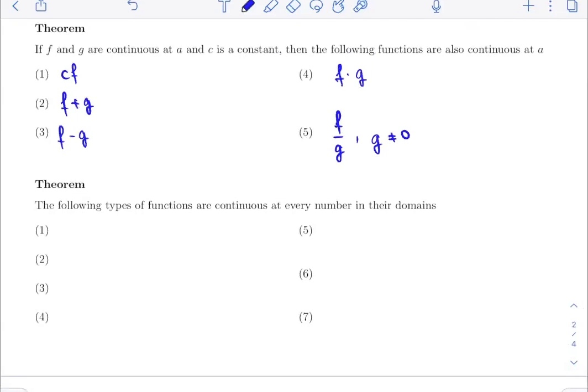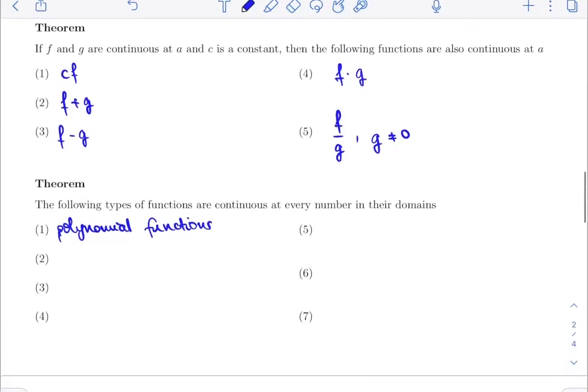In the second theorem, it says that the functions are continuous on their respective domain. The first functions that we want to consider are polynomial functions. The second is rational functions. The third is exponential functions.